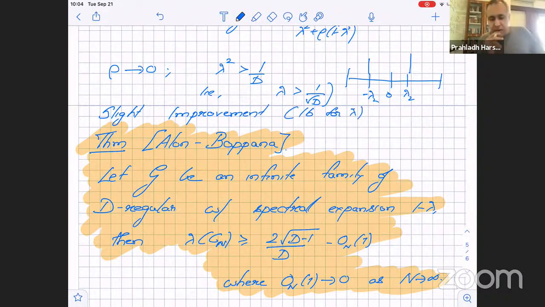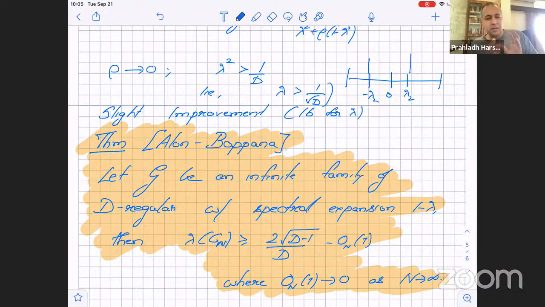This is a result of Alon and Boppana. It's not a hard theorem, but we will not prove this. We won't need this. It says that you can never construct a family in which lambda is smaller than 2 over square root D minus 1 by D. That's the best you can construct if you want an infinite family.